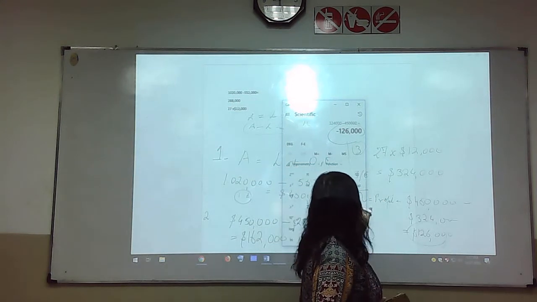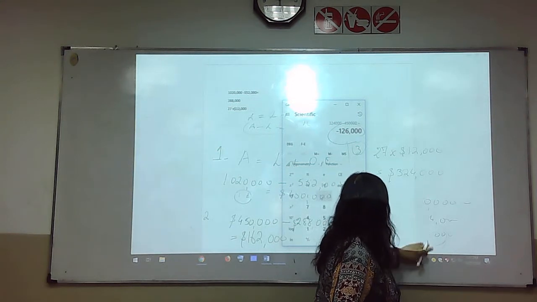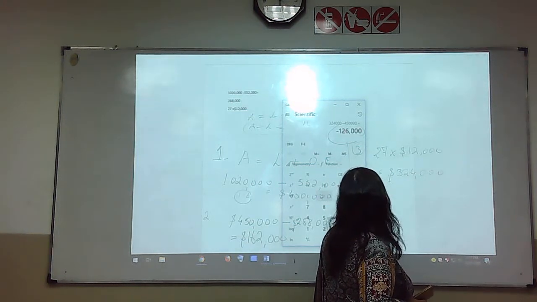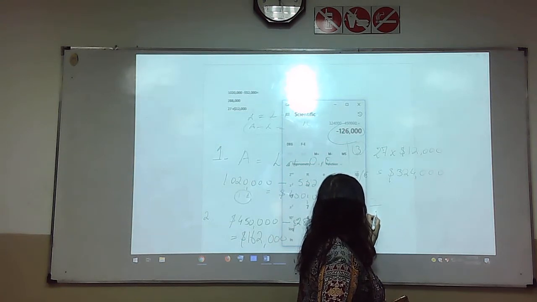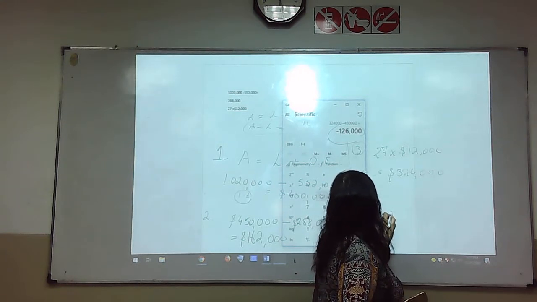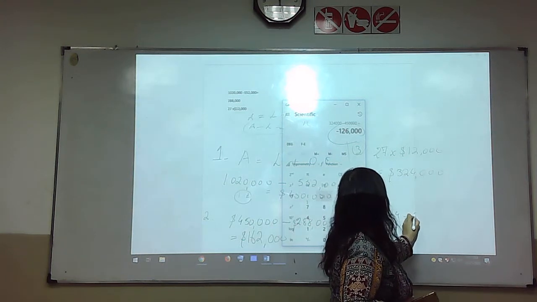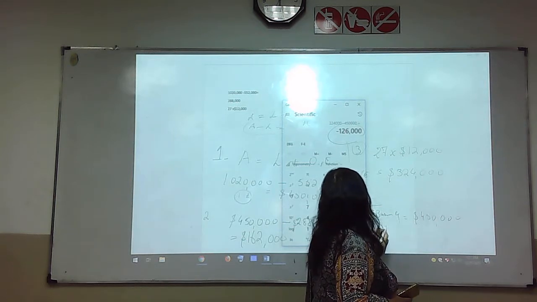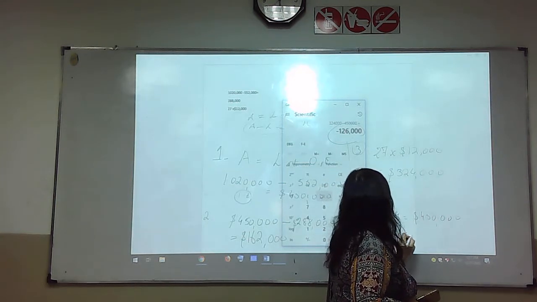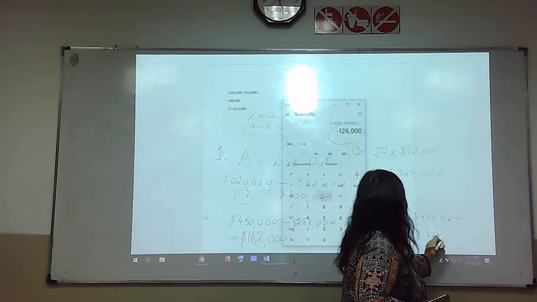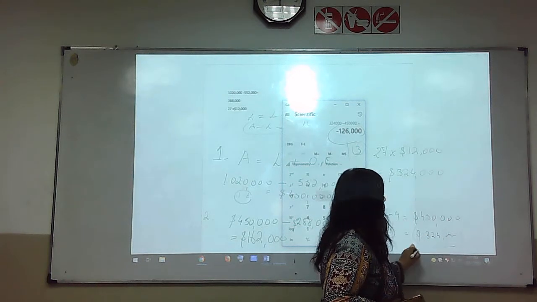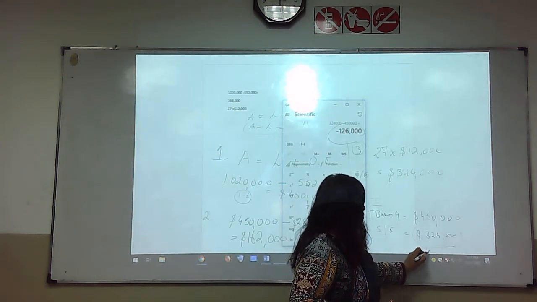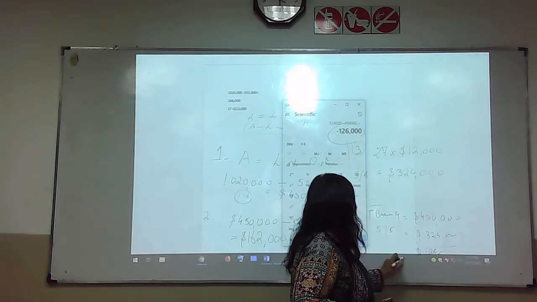And if you want to write it in a better way, you simply say that the profit would be the total business equity of $450,000, minus the shareholders' equity of $324,000. You place a bracket here, and then you can simply write that this was $126,000, the remaining profit of the business.